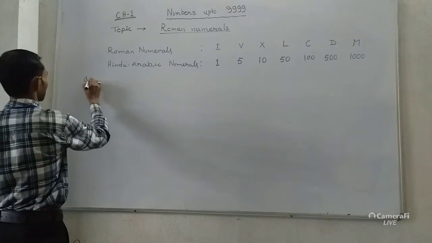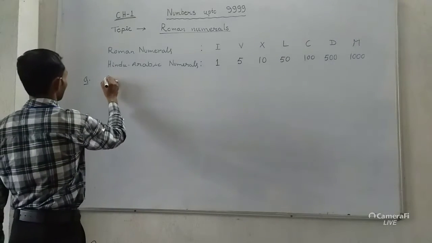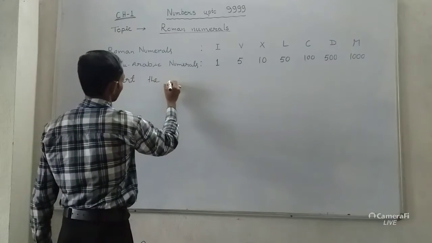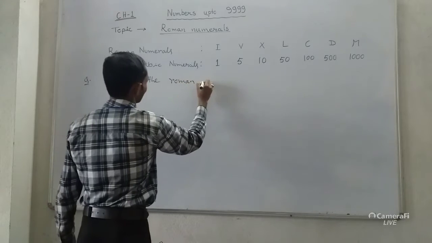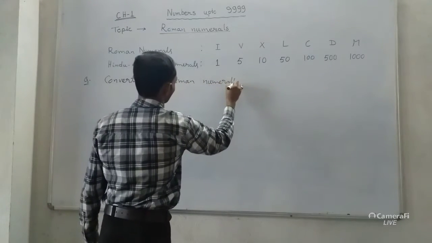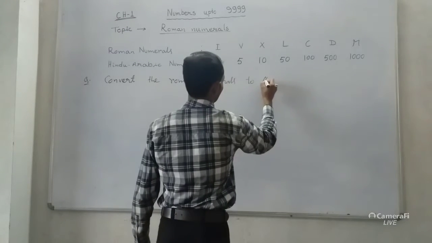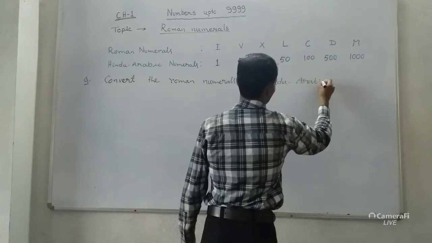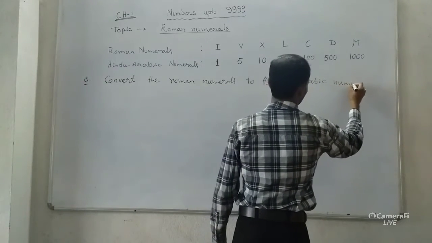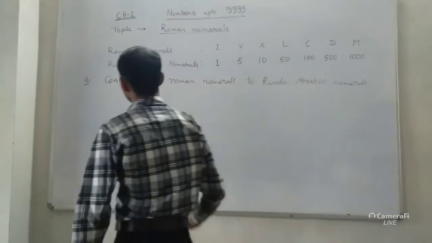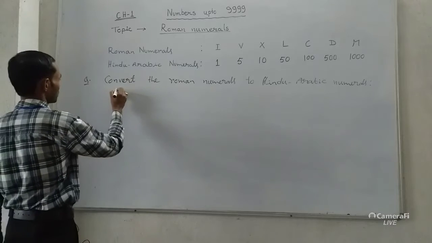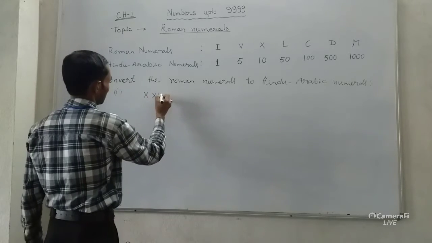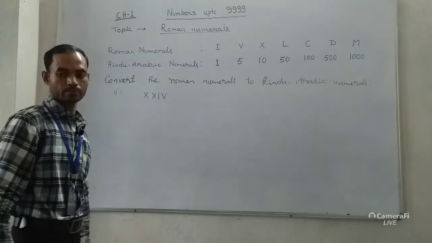So the question is: convert the Roman numerals to Hindu-Arabic numerals. And the number taken, suppose, is XIV.